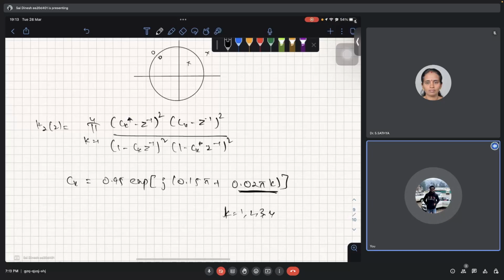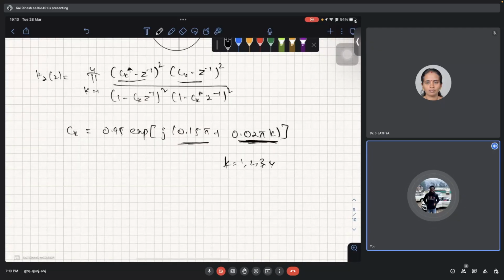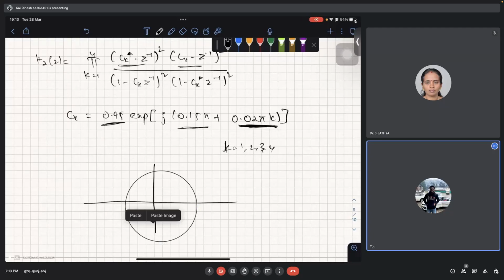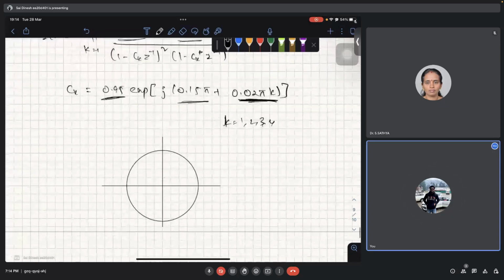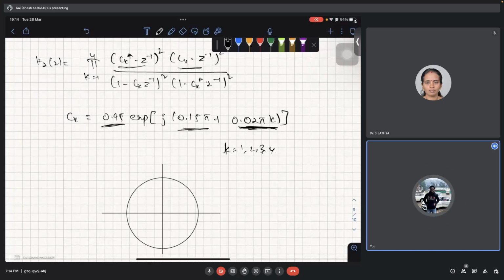If we substitute 1 2 3 4 here, we see that the angle is increasing just a little bit, but then we have a second order zero and a second order pole at 0.95. So 0.95 is close to 1, and at 0.15 we have second order poles.